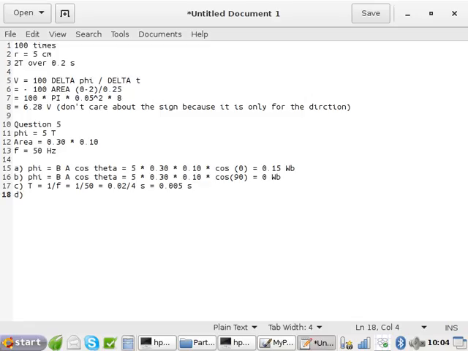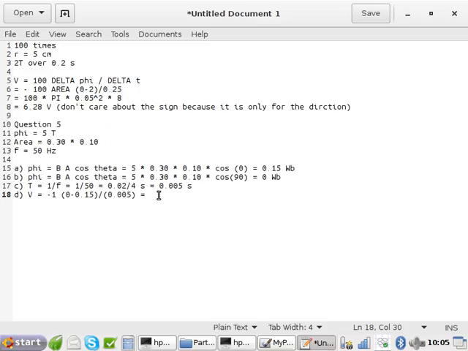So we have area, B equals 1, and then the time is 0.005, and then we go 0 minus 0.15. Okay, so what's the answer here then?